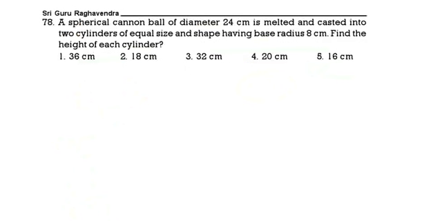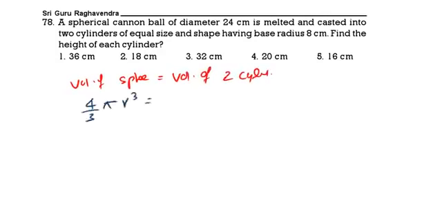Next question. A spherical cannonball of diameter 14 centimeters is melted into 2 cylinders of equal size and the shape having the base radius 8. Find the height of the cylinder. Here volume of sphere is equal to volume of 2 cylinders. Now volume of sphere 4 by 3 pi r cube. 2 cylinders, so 2 into pi r square into h.